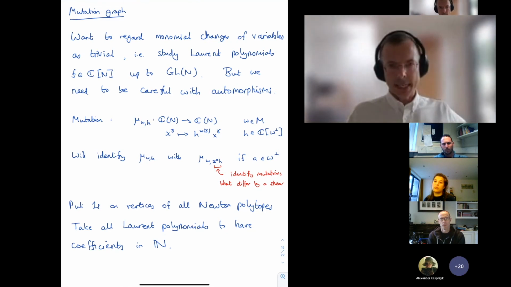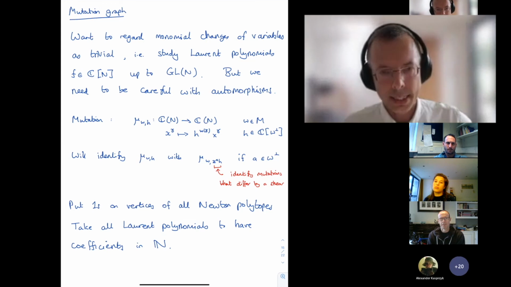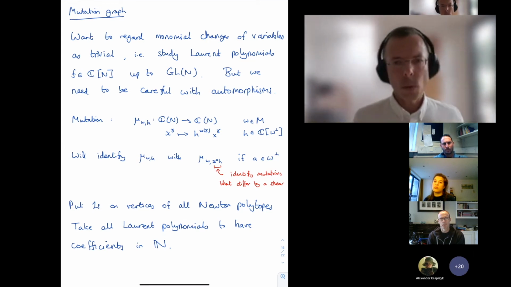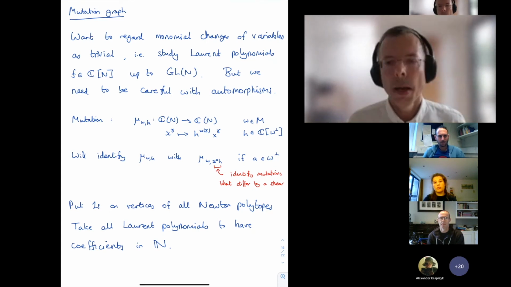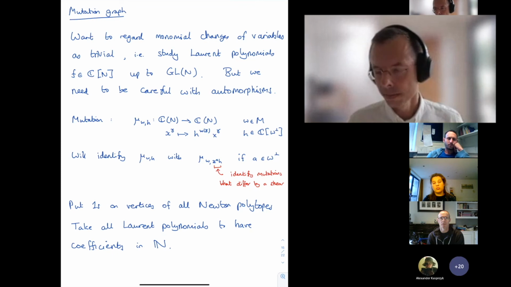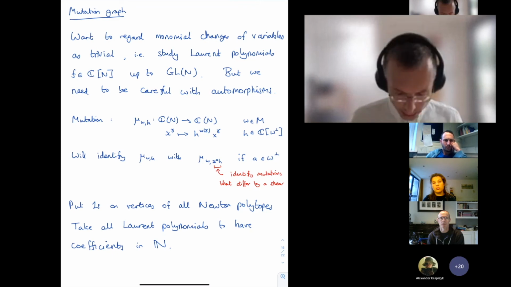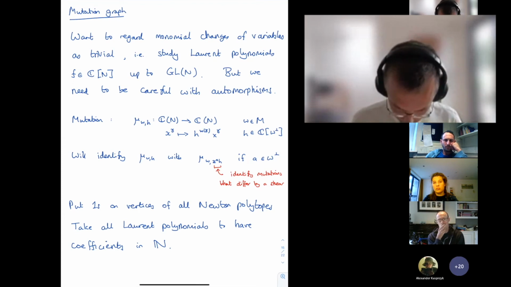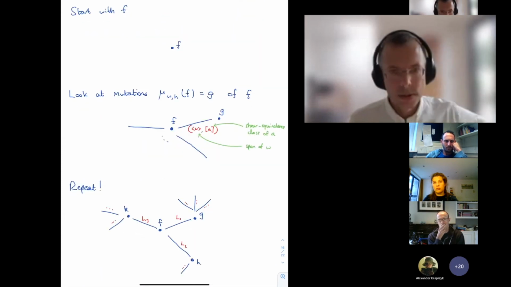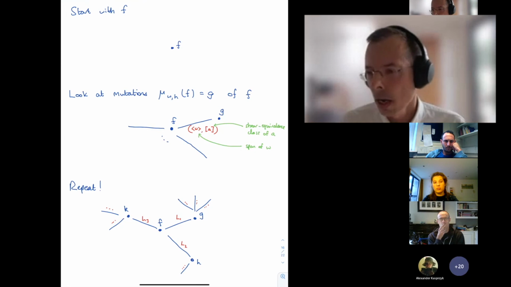So precisely what we do is we identify two mutations if they differ not by an arbitrary element of GLN, but by a shear transformation. And then what does it mean for something to be compatible with as many mutations as possible? Well, you build what we call the mutation graph.